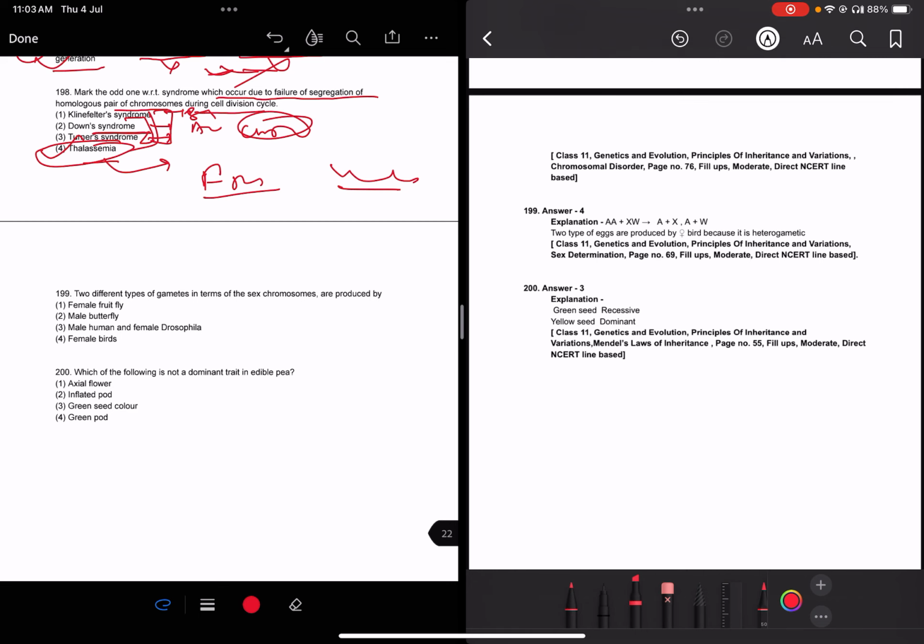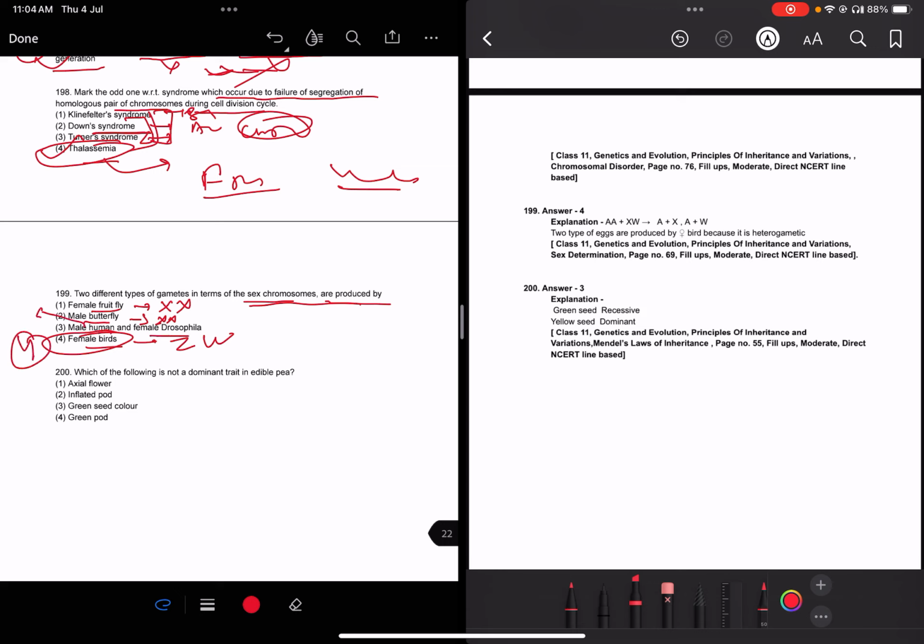199. Two different types of gametes in terms of sex chromosomes are produced by which? Human male and female are written here. Female fruit fly is XX, so not a different type. Male butterfly is ZZ. Female birds are ZW. So the answer is female birds.